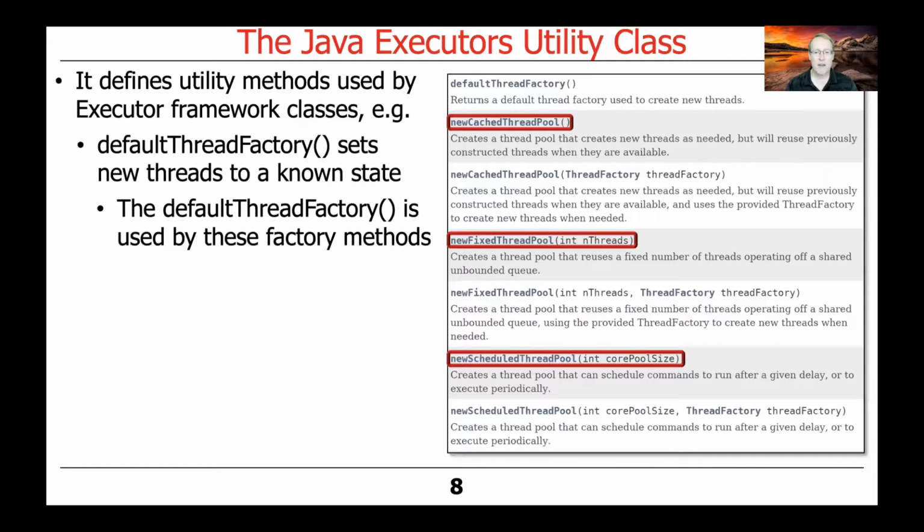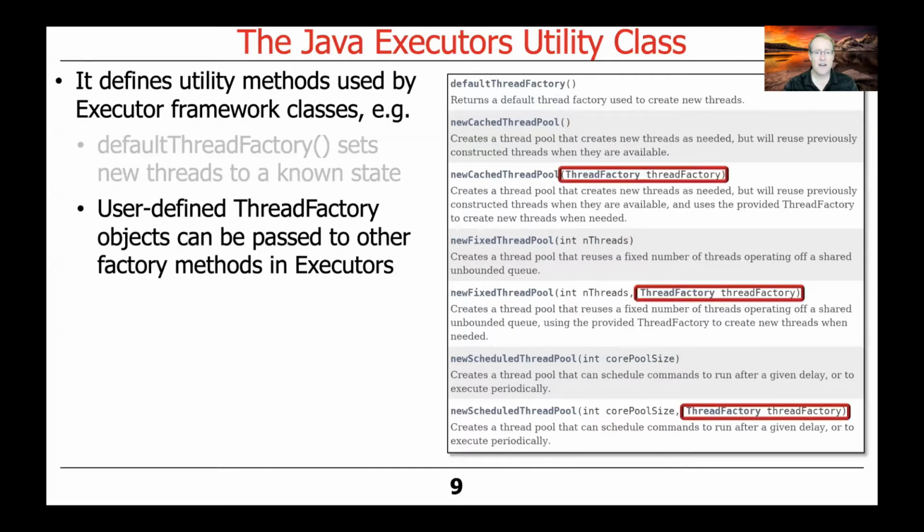There are various methods that use the default thread factory: newCachedThreadPool that takes no parameters, newFixedThreadPool that just takes the number of threads in the fixed size pool, and so on. Those are all examples of factory methods that use the default thread factory.